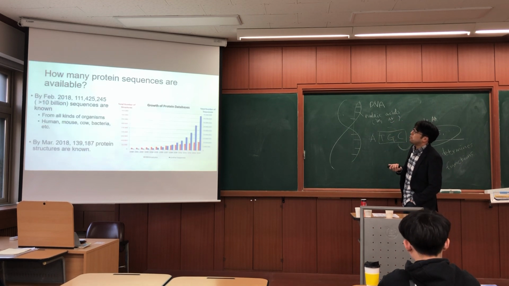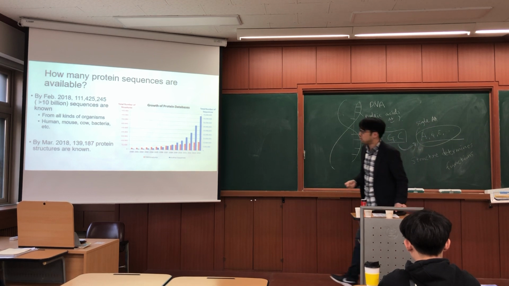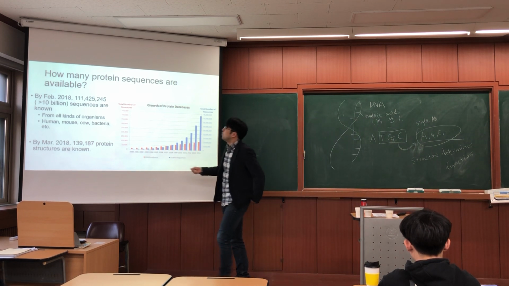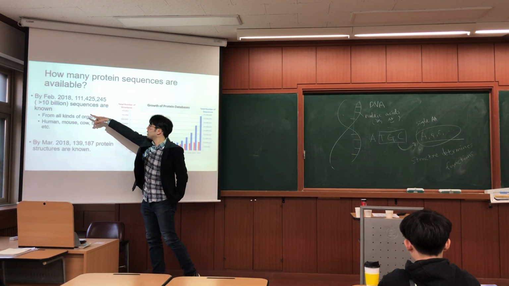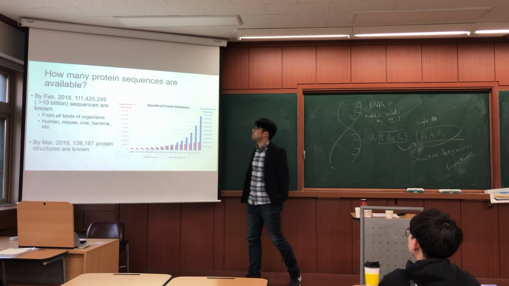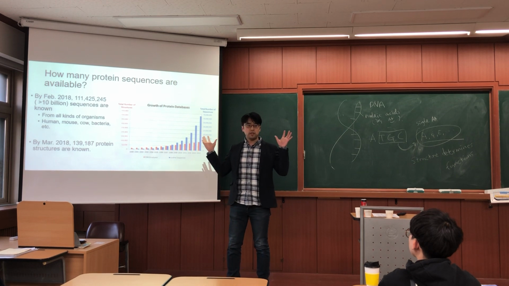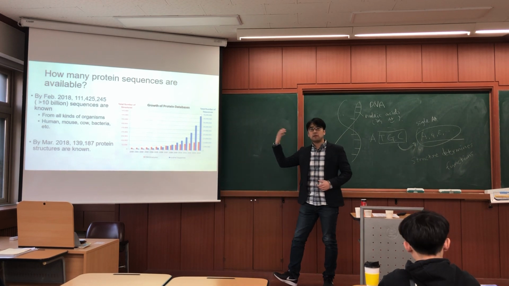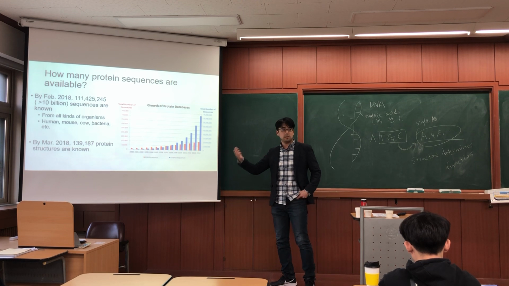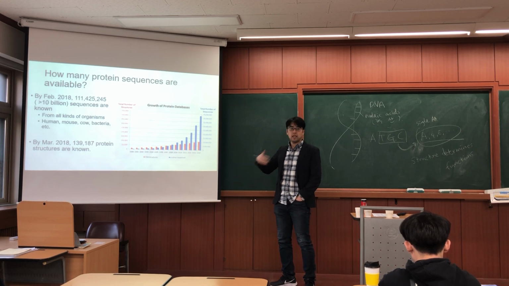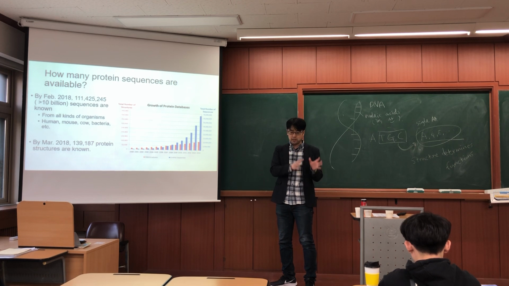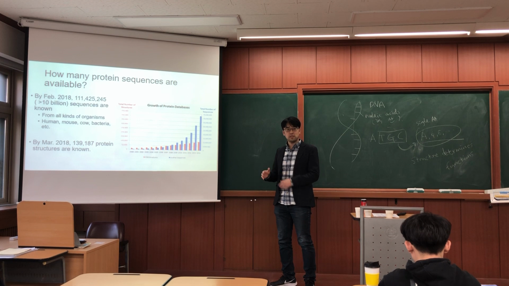Okay. Then how many protein sequences are available these days? Over 10 billion sequences are known. All those 10 billion sequences come from analyzing various life forms and organisms like bacteria. Bacteria consist of proteins, and humans consist of proteins.